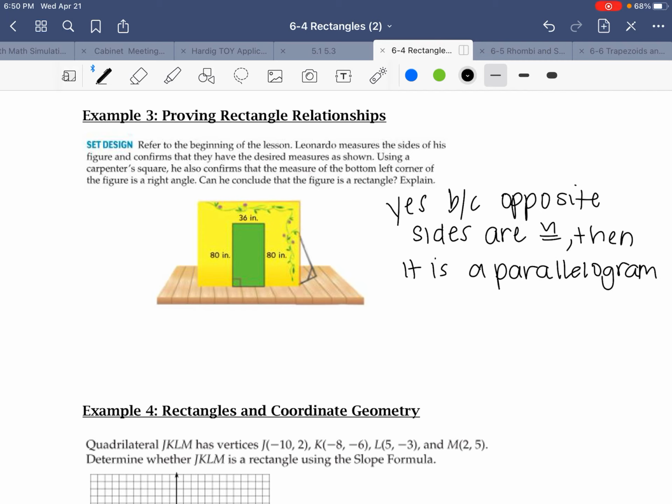But taking us back to our 6.3 notes, actually probably our 6.2 notes, if one of the angles in a parallelogram is a right angle, then all four are. So because this angle right here is a right angle, we know that all four of them are also right.